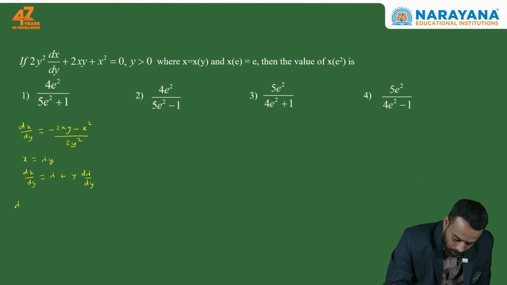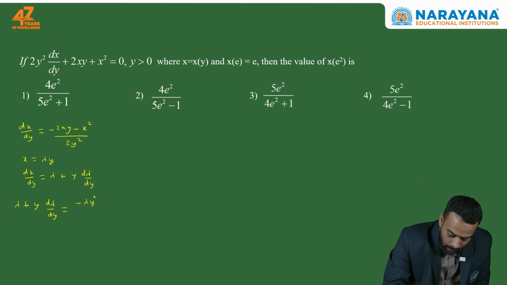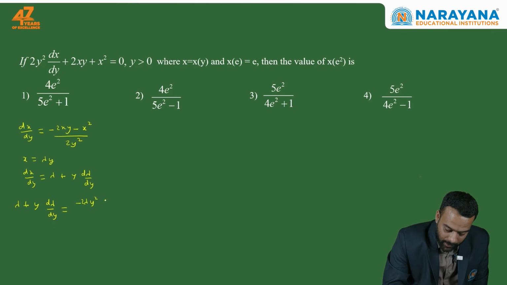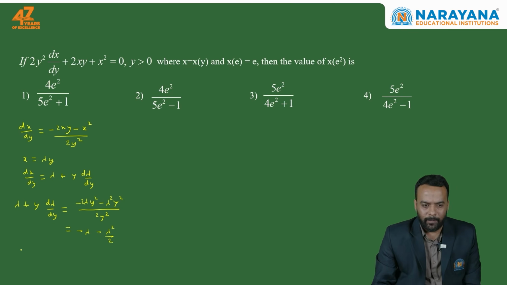So our original equation is going to become lambda plus y d lambda by dy is equal to minus, now the value of x is lambda y, so minus 2 lambda y square minus lambda square y square upon 2y square, which is going to simplify to minus lambda square by 2.